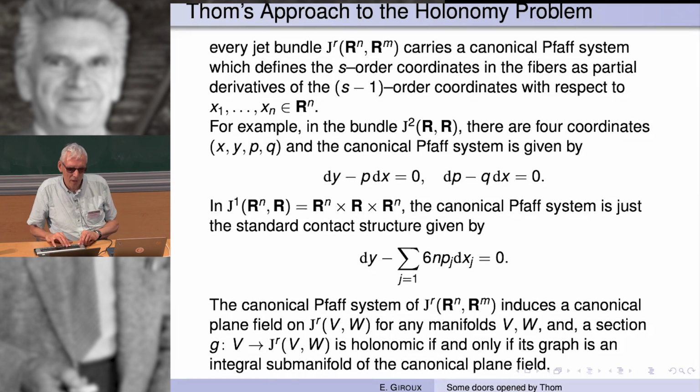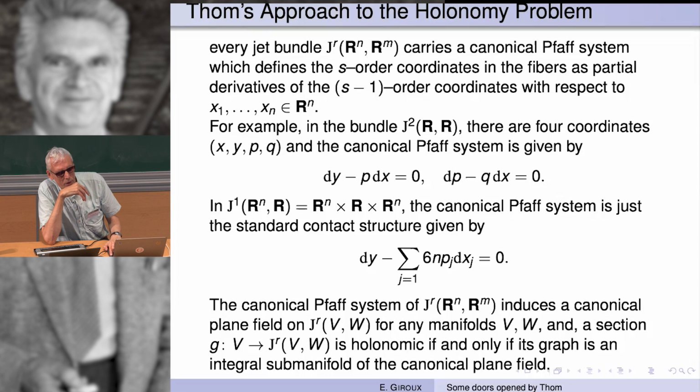In other words, it is a system of Pfaffian equations, one-forms, which defines a plane field on your jet bundle in such a way that a holonomic section is exactly a section whose graph is tangent to this plane field.